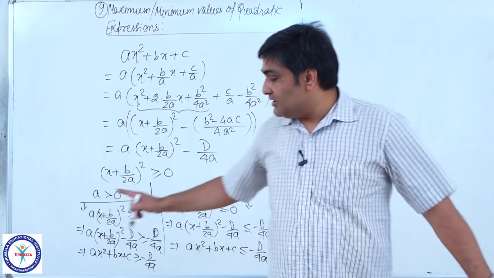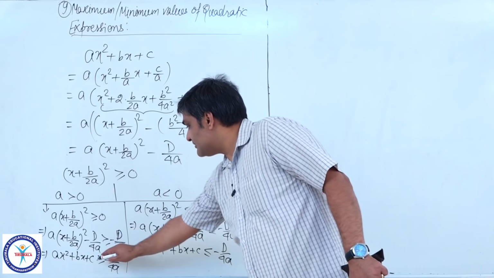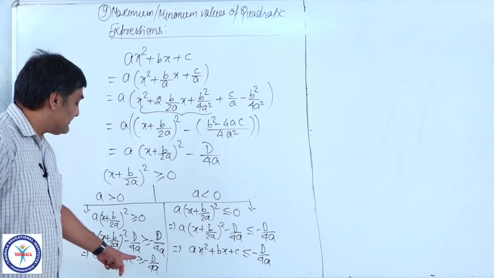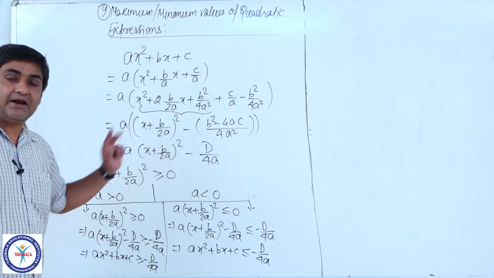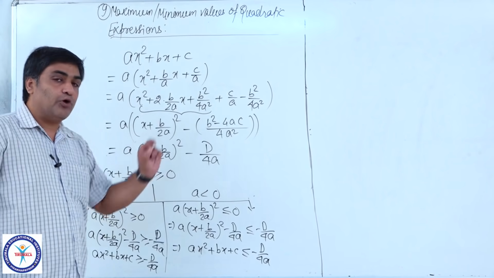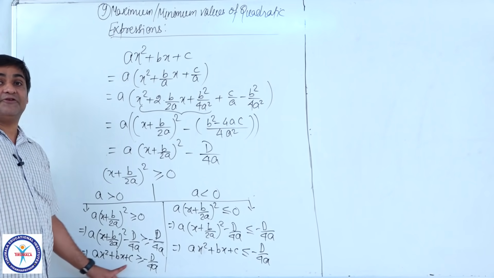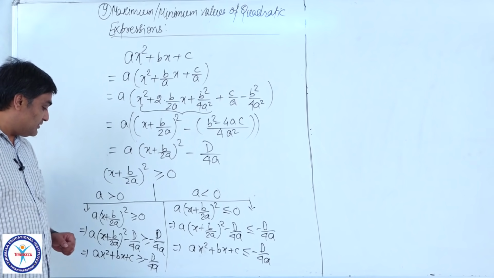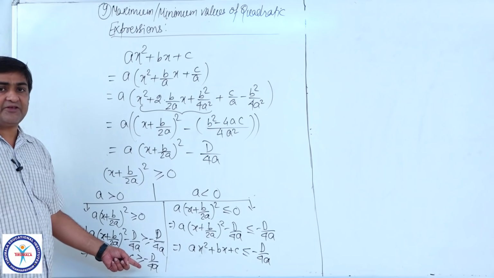Okay. Now, what do we mean by this expression is greater than or equal to? It means this expression is either equal to minus d by 4a or greater than that. It means the minimum value is minus d by 4a, because greater than or equal to. And what would be the maximum value?